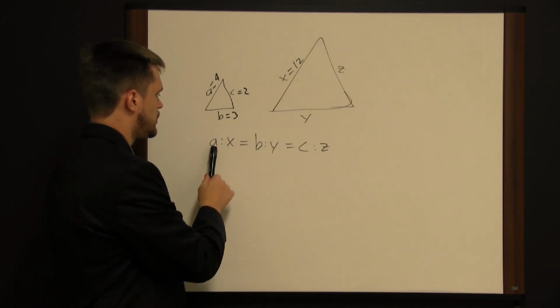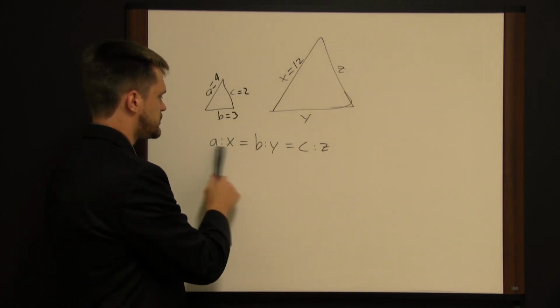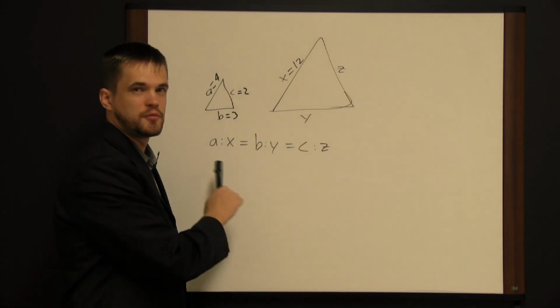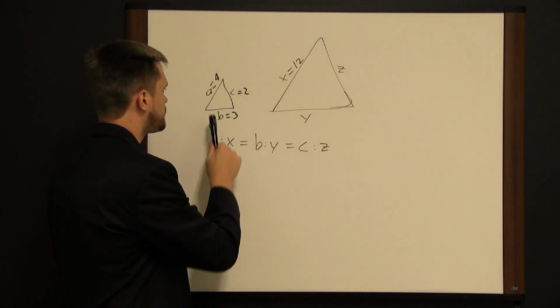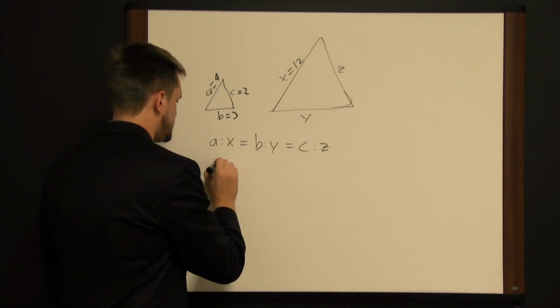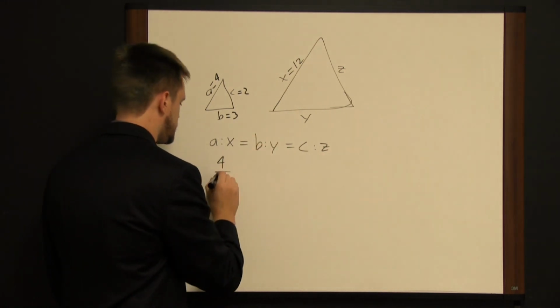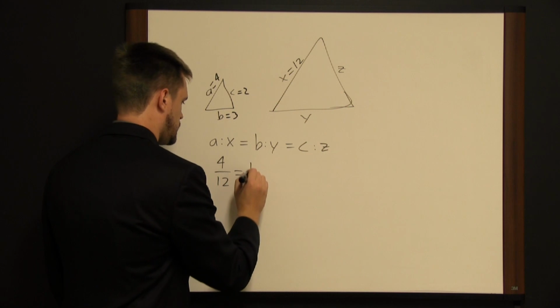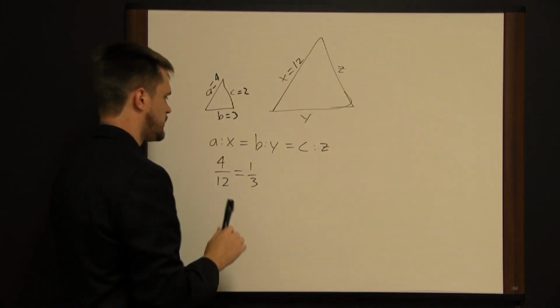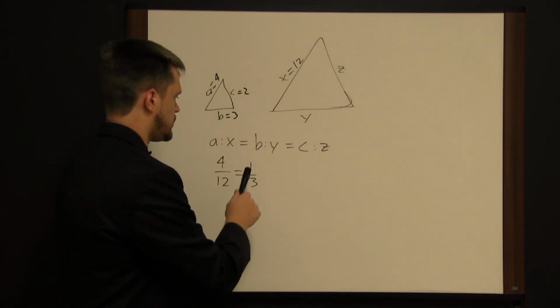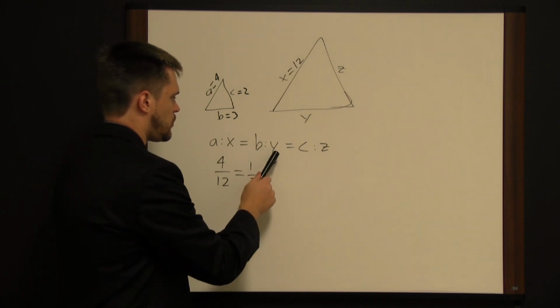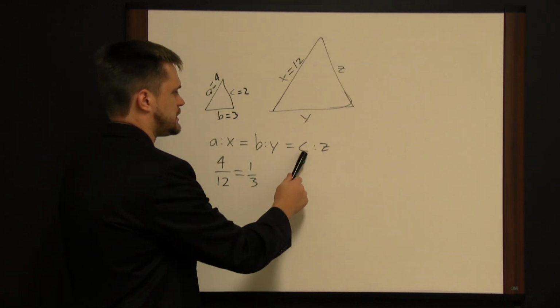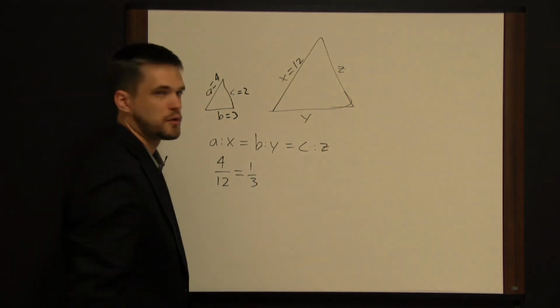So we have the value for X, so this will be the ratio we use to find the exact value of the ratio. And so a is equal to 4 and x is equal to 12. And so this ratio is the same as 1 over 3. And so b and y are going to have a ratio of 1 to 3, and c and z are going to have a ratio of 1 to 3.